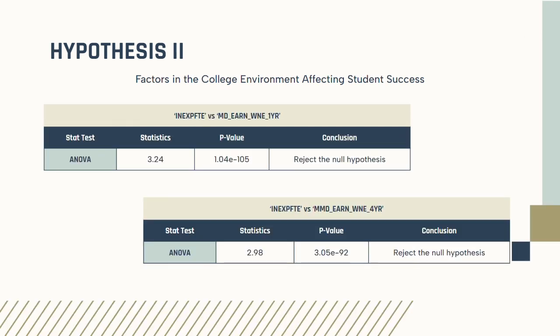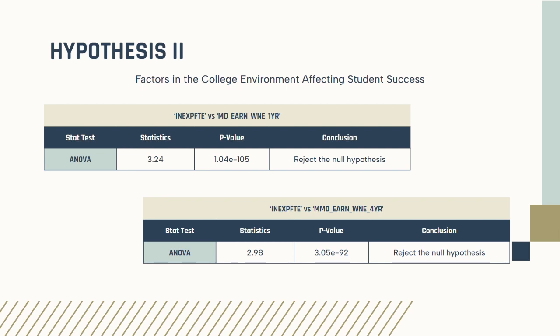Moving on to the next part, there is this expenditure feature, which essentially means how much an institute is spending on a student, and it has a direct impact on both short-term and long-term employment, which is captured by the 1 year median salary and 4 year median salary.